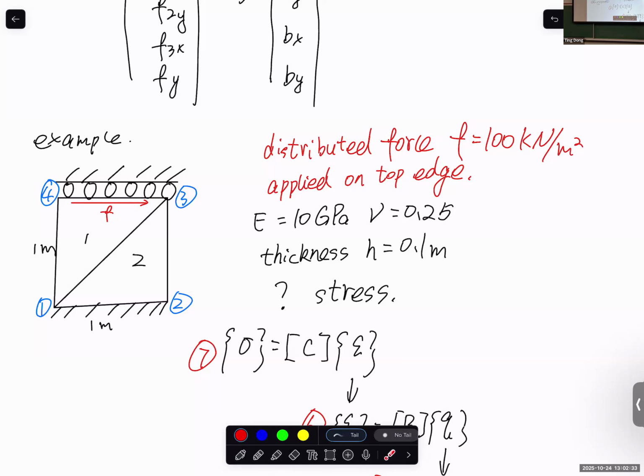So here we know that, in mechanics of materials, this is shear force applied on the top edge, right? I have a plane stress structure. I clamp the bottom surface and apply a force in this direction, let's say this is positive X. And the only stress generated in this structure is shear stress.